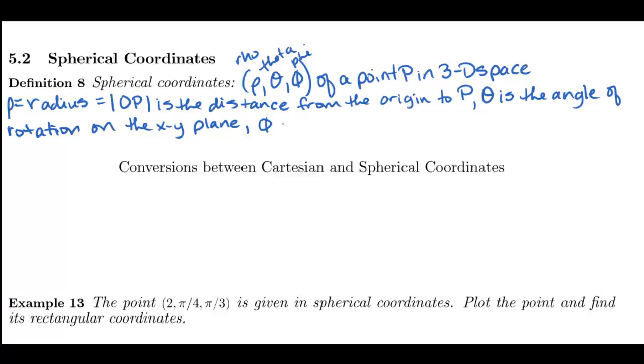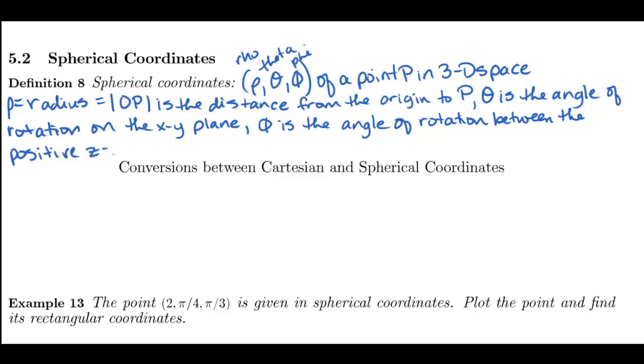And phi is the angle of rotation between the positive z-axis and the line from O to P. So let's take a look at exactly what that means.